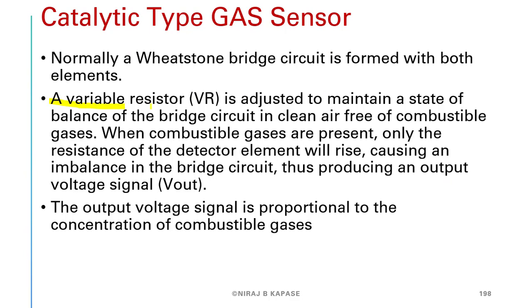A variable resistance VR is adjusted to maintain the balance of the bridge circuit in clean air. When combustible gases are present, only the resistance of the detector element will rise, causing an imbalance of the bridge circuit, thus producing the output voltage signal Vout. The output voltage signal is proportional to the concentration of combustible gases. That's how we get to know which types of gases are present inside normal air.